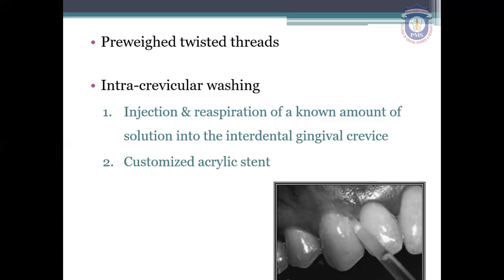Second method is we can use a customized acrylic stent and keep it on the gingival tissue so that that particular area is isolated from the rest of the mouth. And then the tissue is irrigated for about 15 minutes using the saline solution. And then using a peristaltic pump, this fluid is collected back.